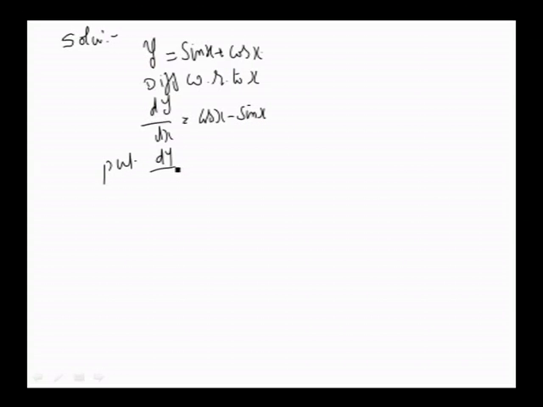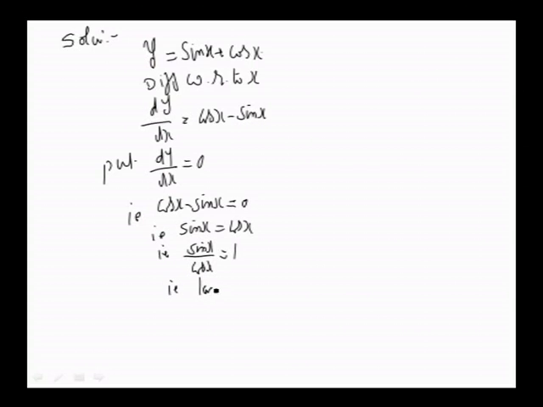Put dy by dx equal to 0, that is cos x minus sin x is equal to 0, that is sin x is equal to cos x, that is sin x by cos x, that is tan x is equal to 1.